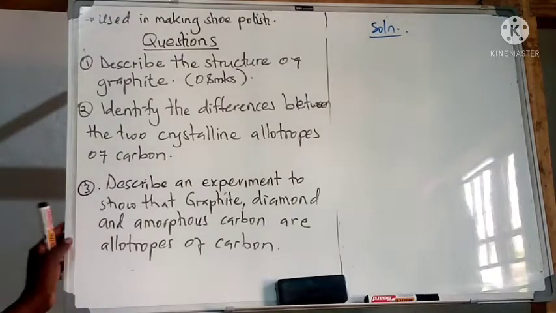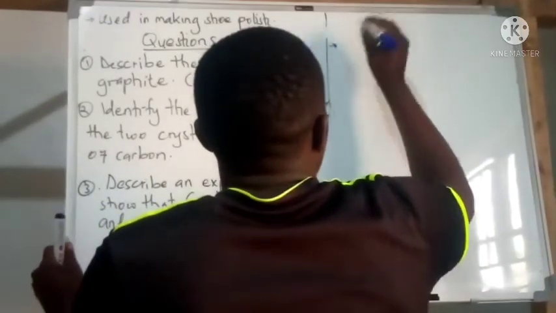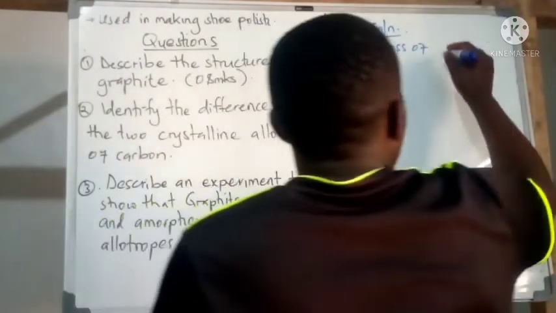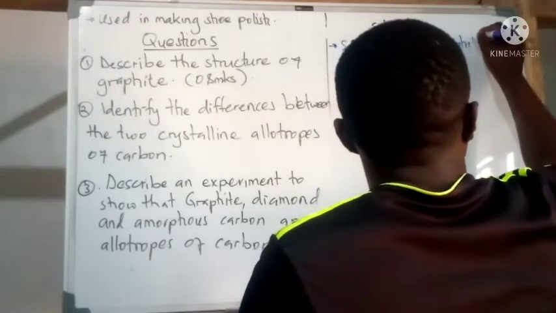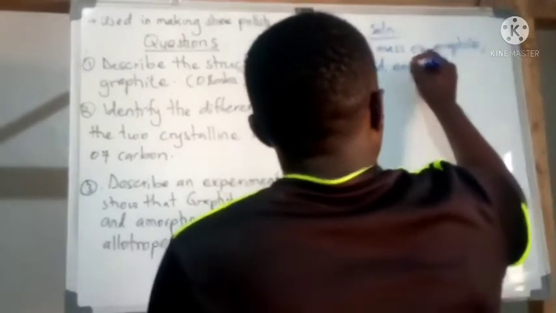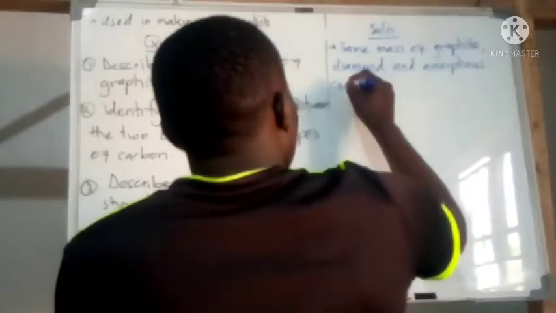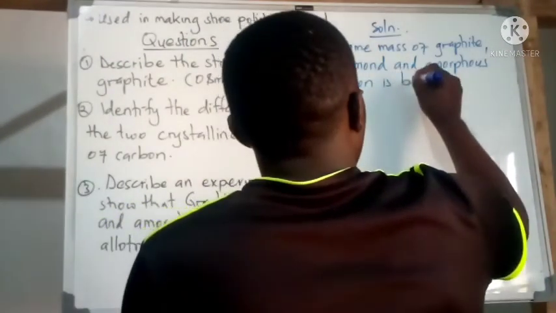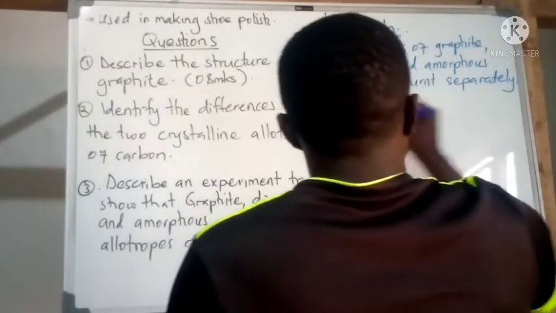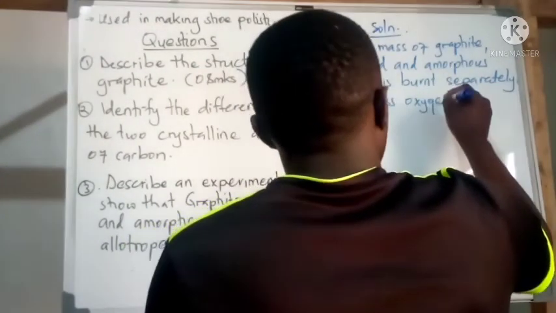So the solution to this question is: the same mass of graphite, diamond, and amorphous carbon is burnt separately in excess oxygen.